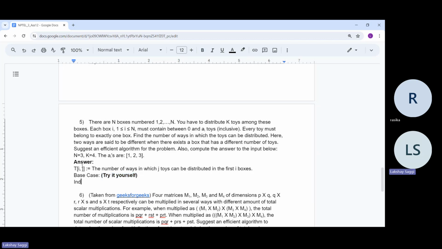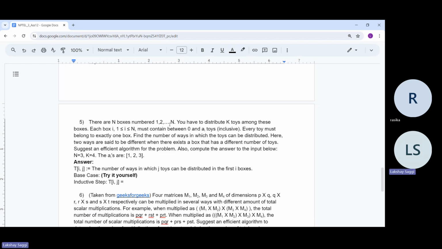And now the inductive step. Suppose I wish to compute something like Ti comma j, the number of ways in which j toys can be distributed in the first i boxes. What can happen is, let's consider the ith box.